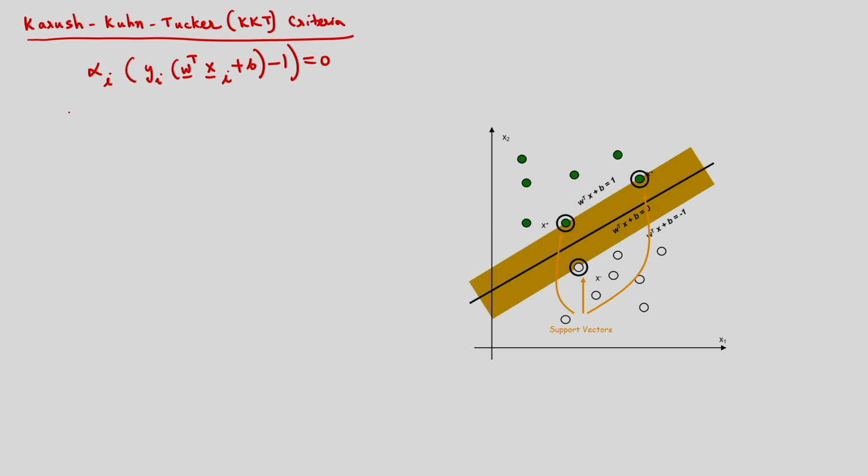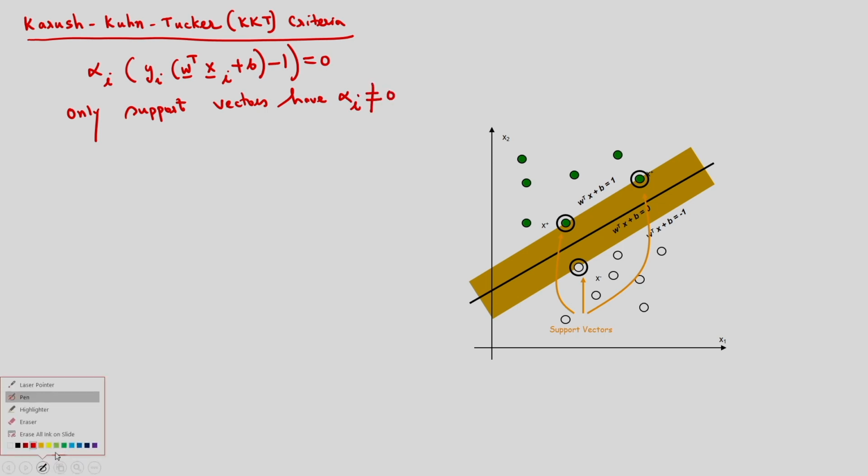And only support vectors have alpha i not equal to 0. This point is very important. That means for the support vectors, alpha i is not equal to 0, that means the Lagrangian multiplier is not equal to 0 for the support vectors.